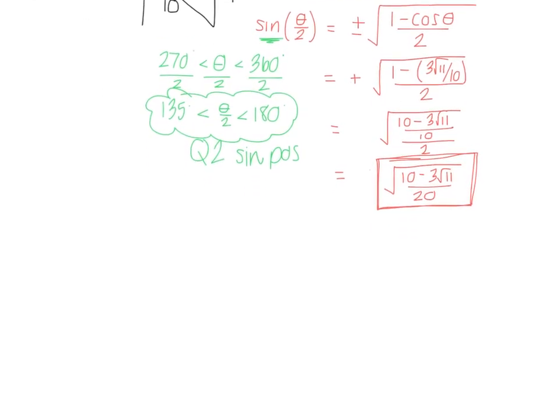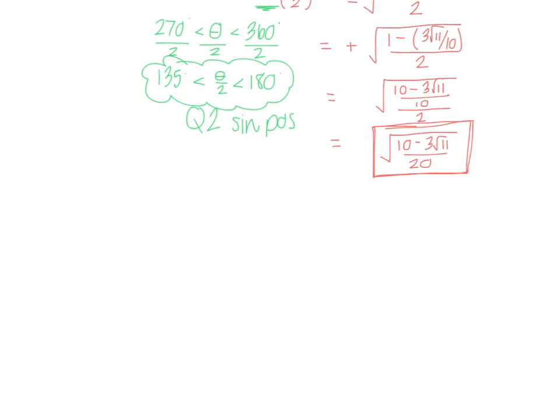Okay, hopefully you paused that video. I'm going to go through and just show you in case you have any mistakes or errors in your answer. So cosine of theta divided by 2 has a very similar formula, but it's 1 plus cosine of theta, divided by 2.